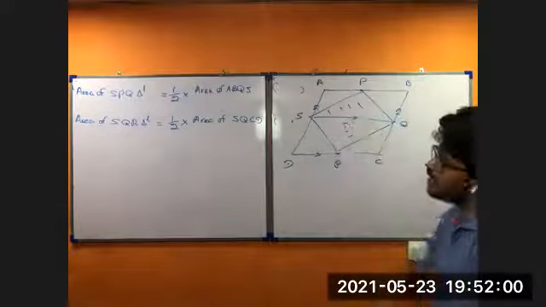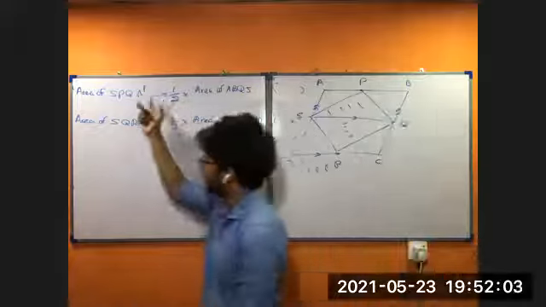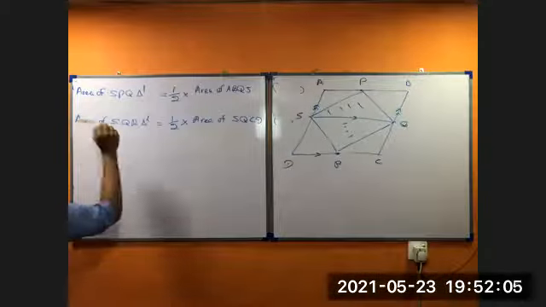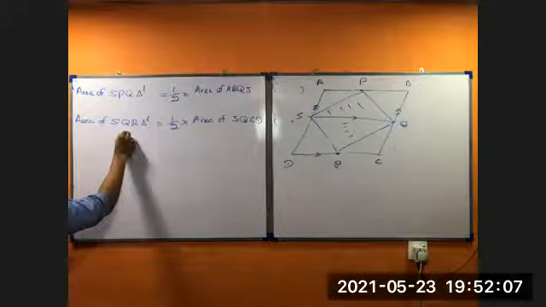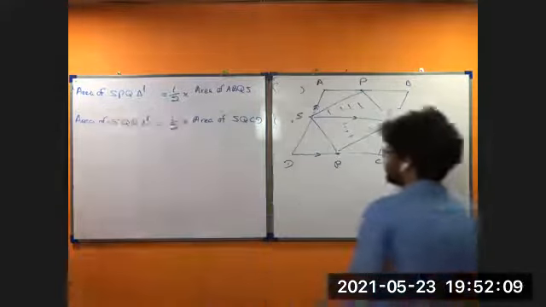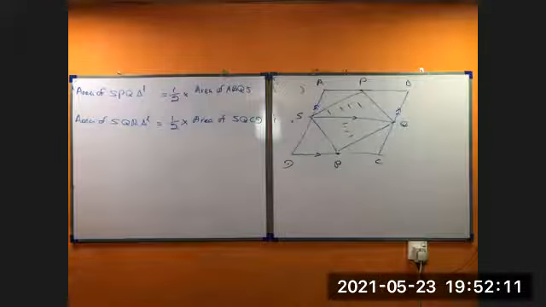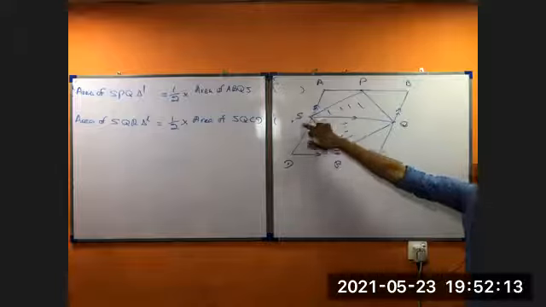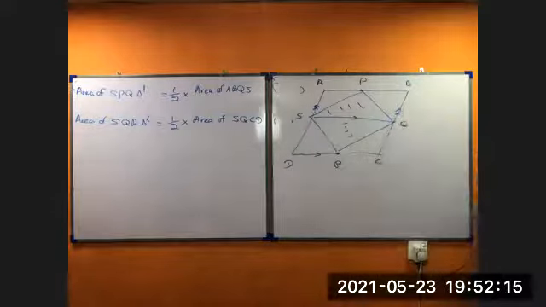Okay, so now I have found SPQ triangle's area. I have found SQR triangle's area. But I know that they are talking about the area of SPQR, right?